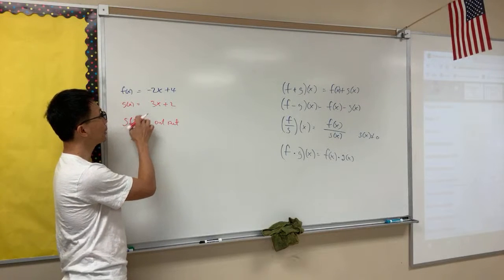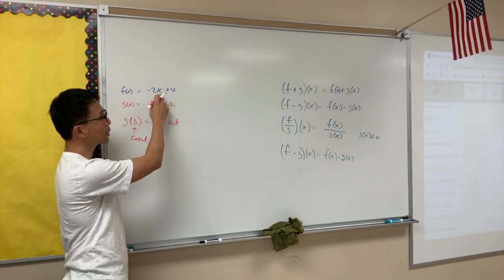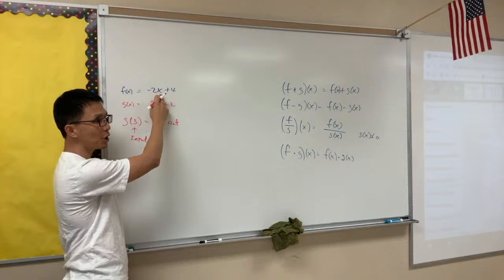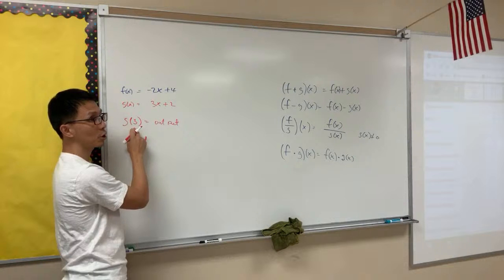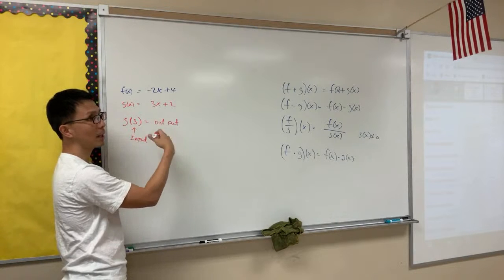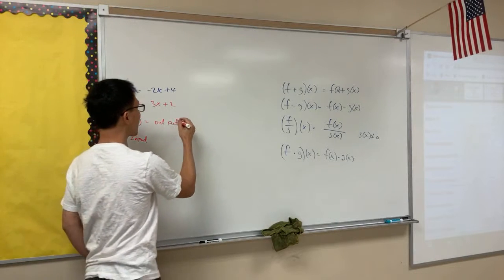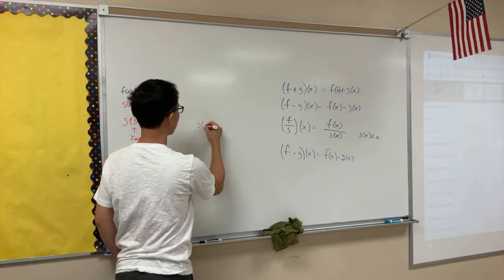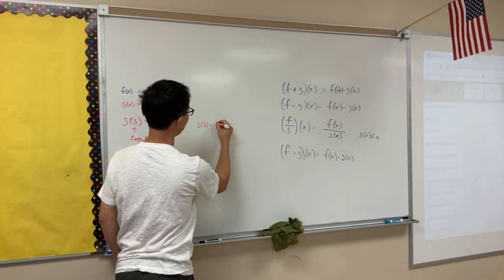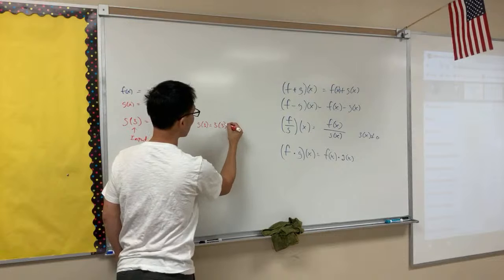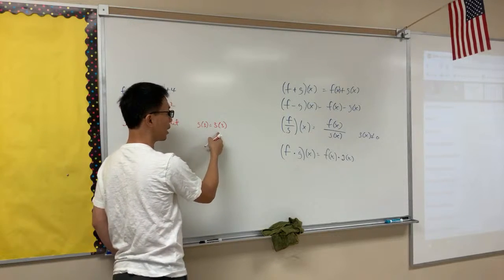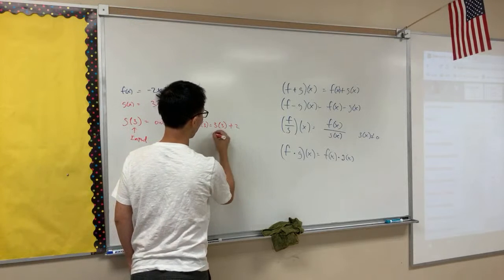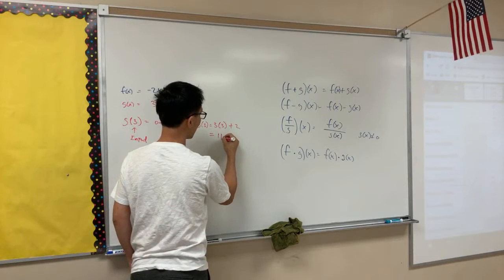In this case, the 3 is not going into this one because that's not the g function. Because it asks for the g function, you plug 3 into the g function for the x and figure out the output. So g of 3 is equal to 3 times (3) plus 2, that's equal to 9 plus 2, so it's 11.